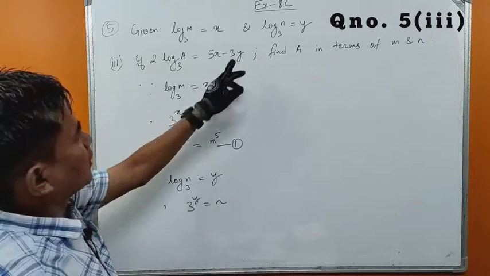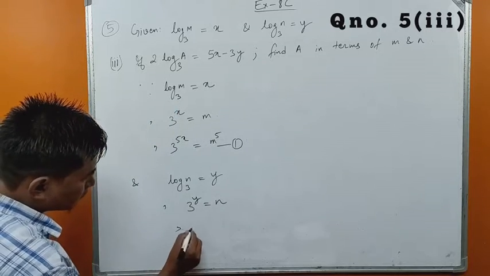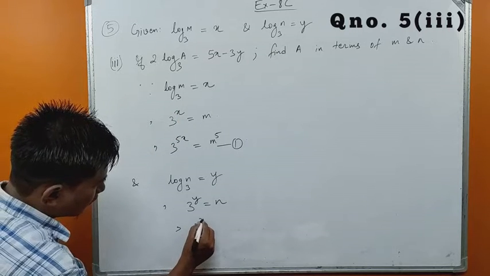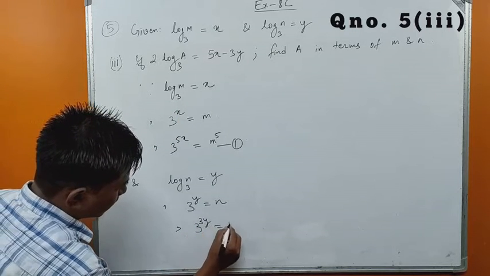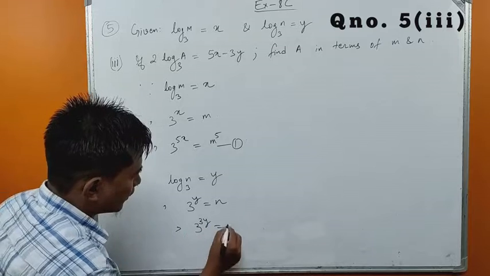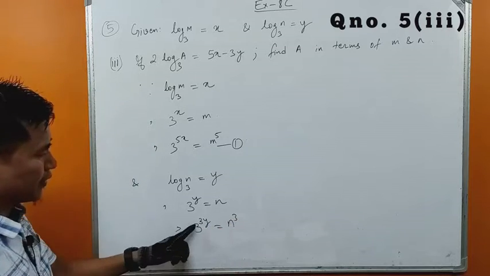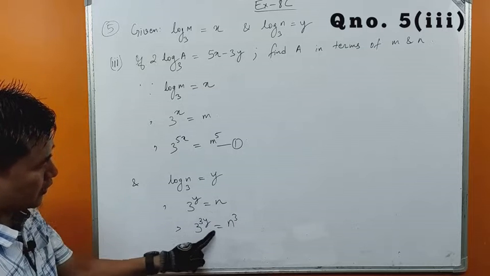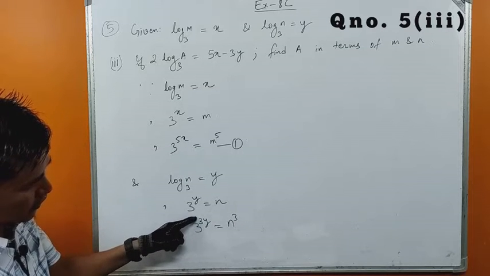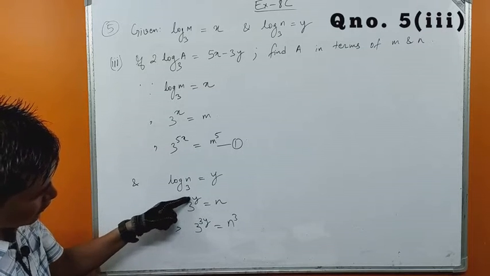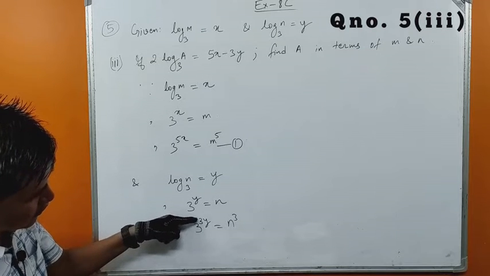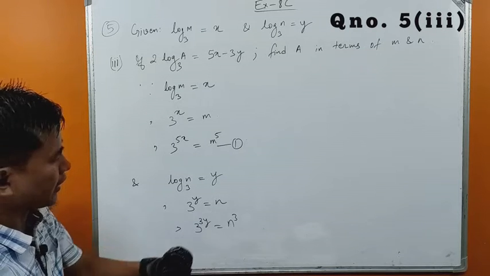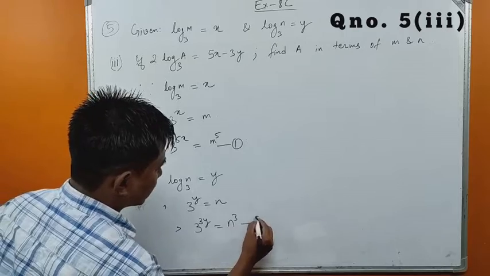Now we need 3y, so cubing both sides, 3 to the power 3y equals n cube. 3 to the power y was already there, we put cube, and n was there, so we cubed n also. This is equation 2, okay.